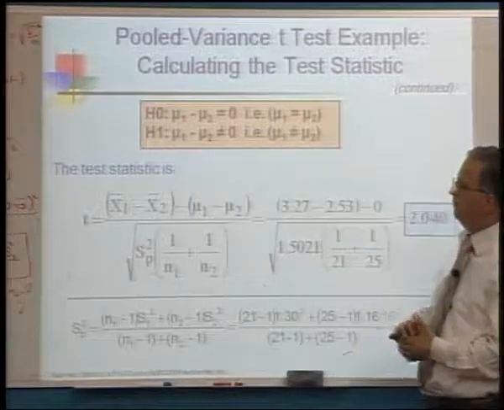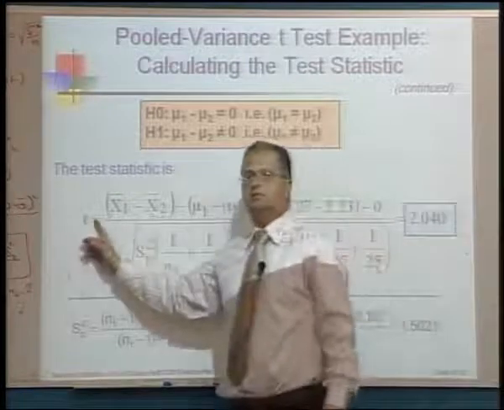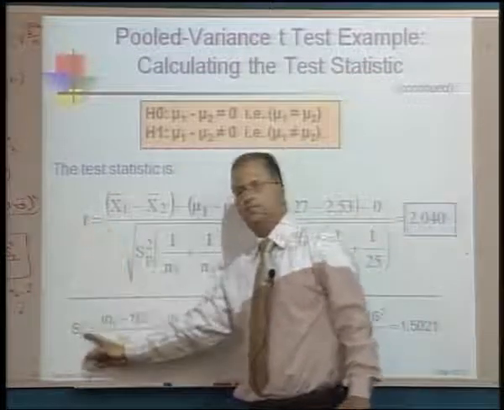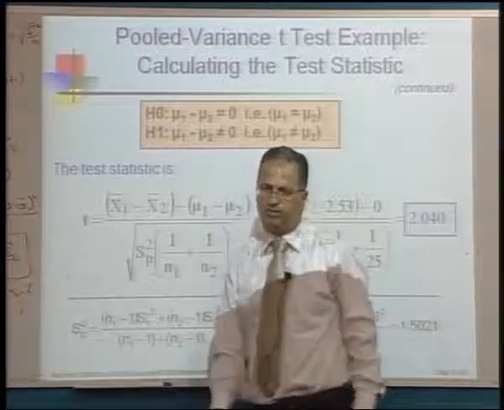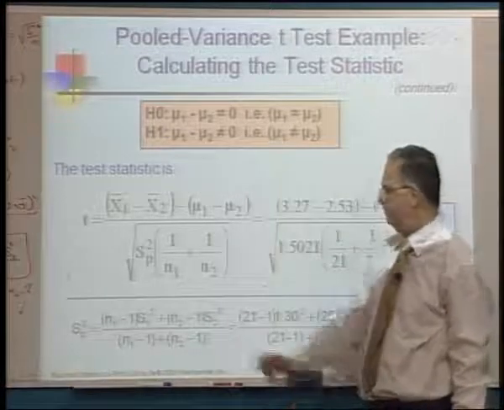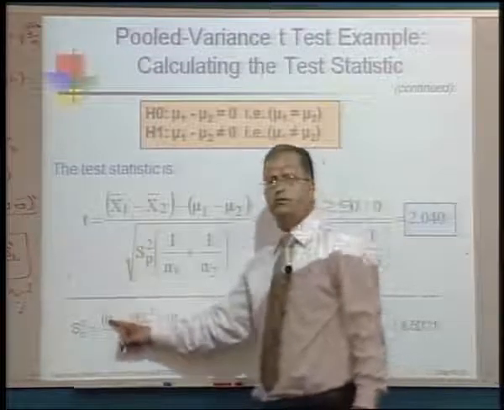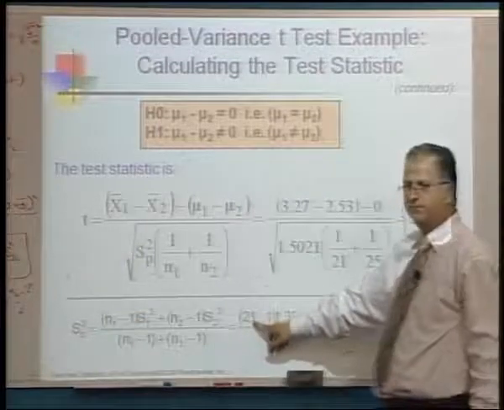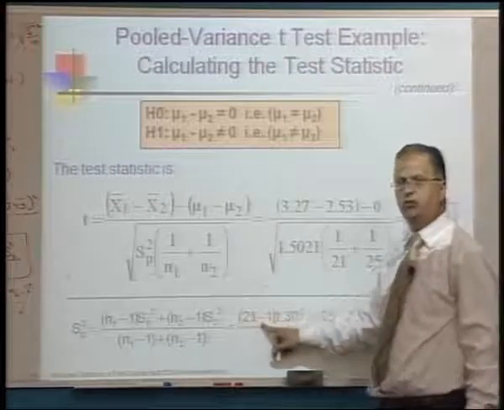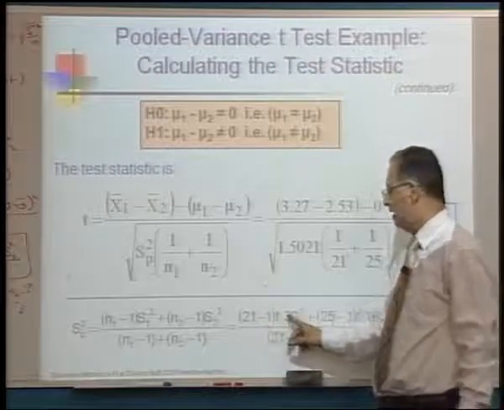Now, before computing the t statistic, we have to compute s square p. For s square p, this is the equation we have. Now, n1 is 21. So 21 minus 1 times s1 square.